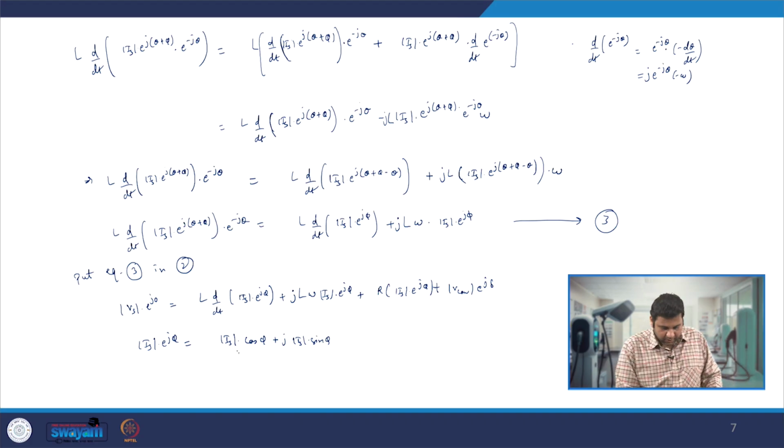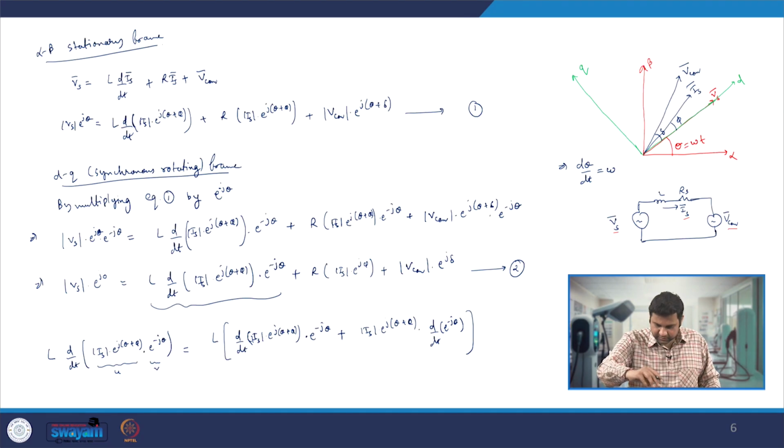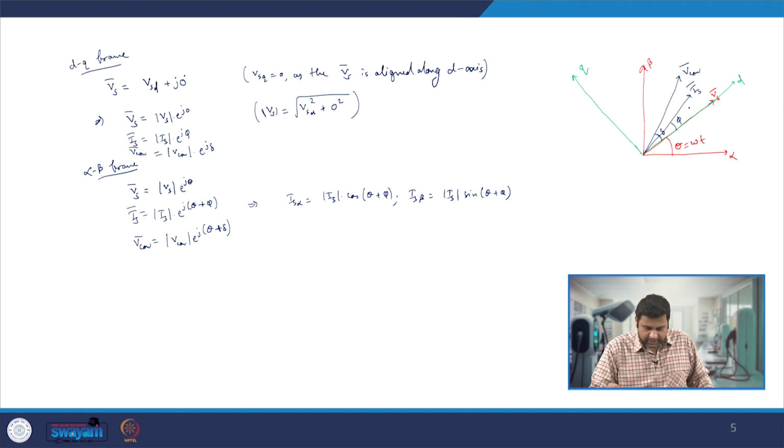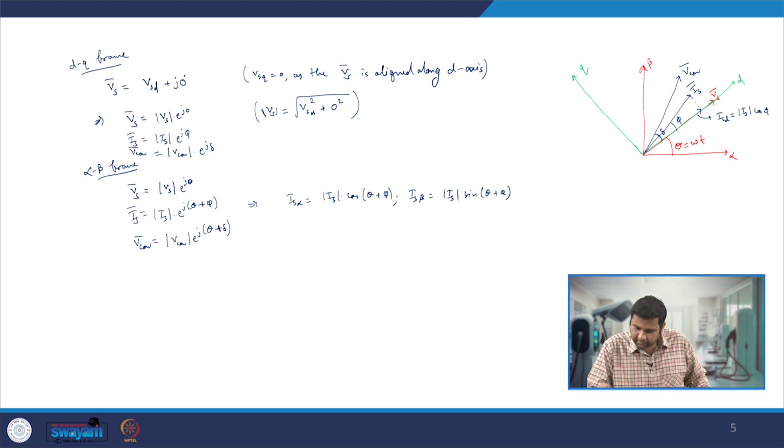And if we see, what does it indicate? It indicates that we have this term which is Isd, nothing but modulus of Is, or the magnitude of Is space vector, and cos phi.